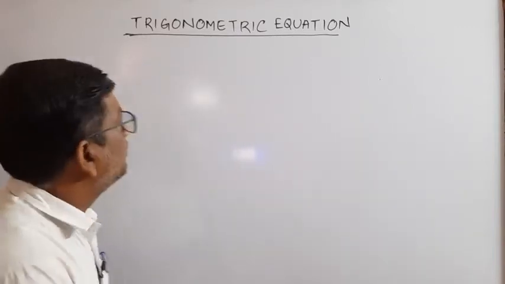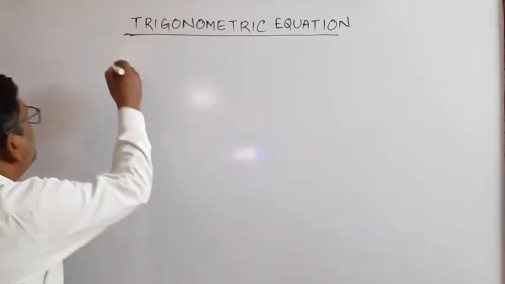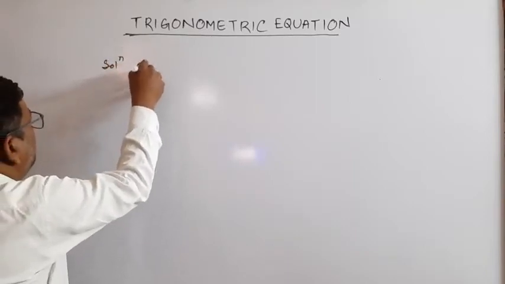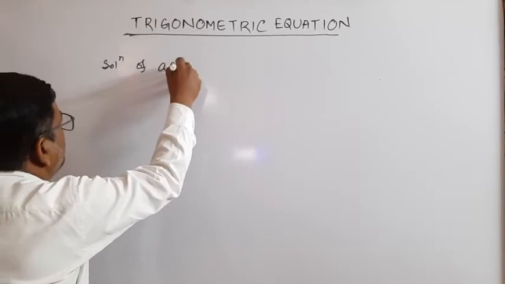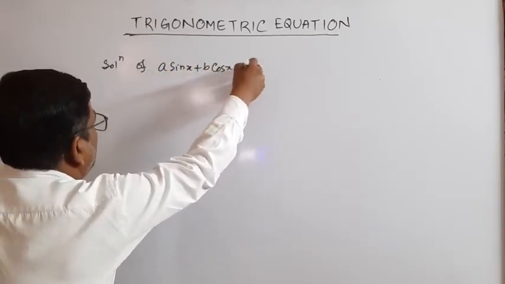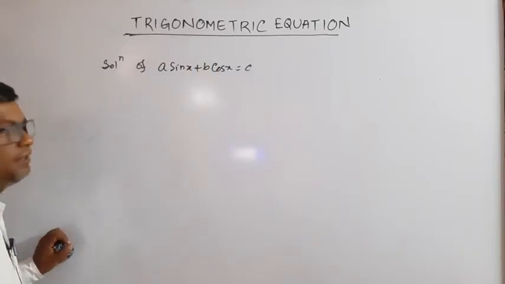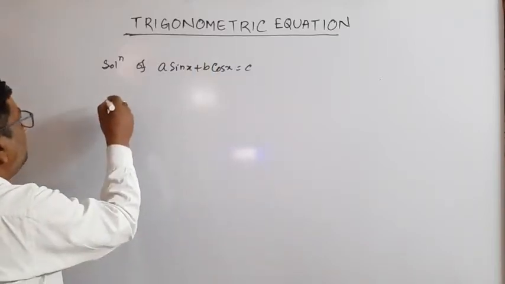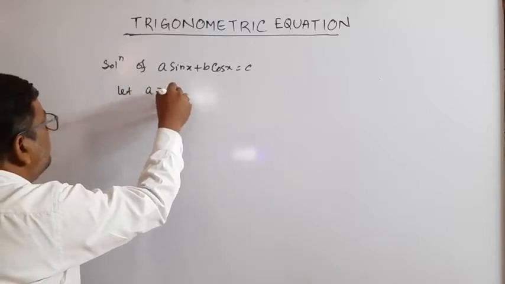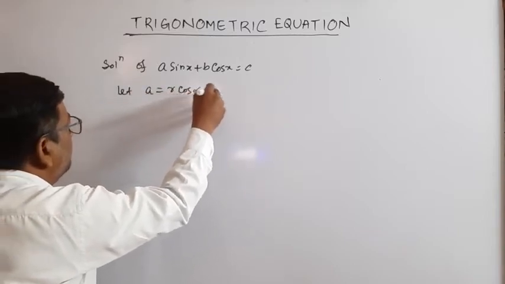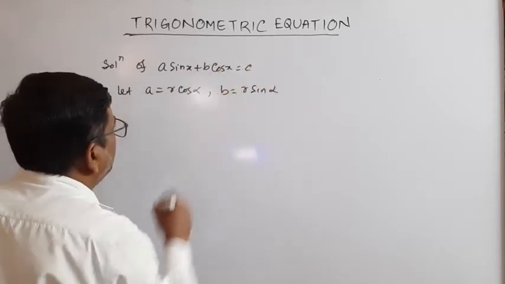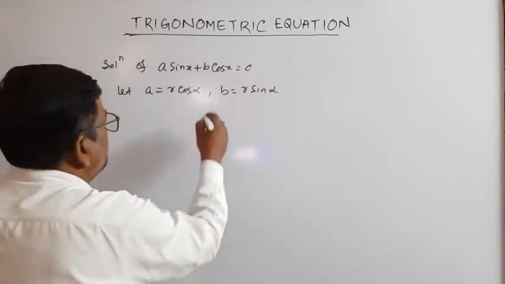Let's do the solution of a sin x plus b cos x is equal to c. Let a is equal to r cos alpha and b is equal to r sin alpha.